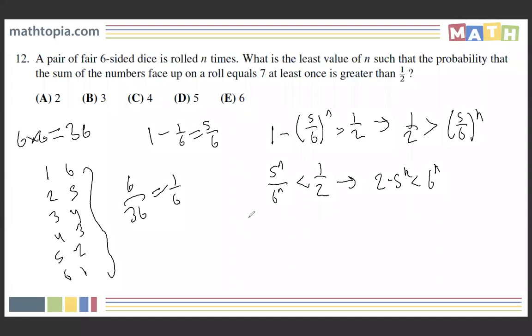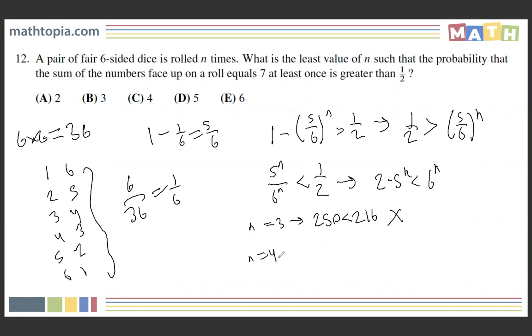So we can try n equals 1 and n equals 2, and we'll see it doesn't work. I'm just showing n equals 3 because it's the last one where it doesn't work, which gives 250 and 216, which is not true.